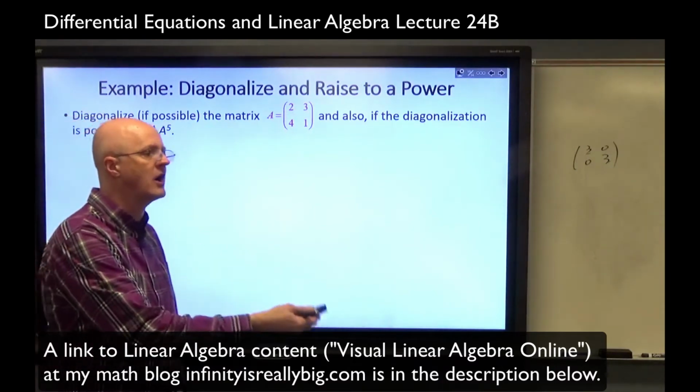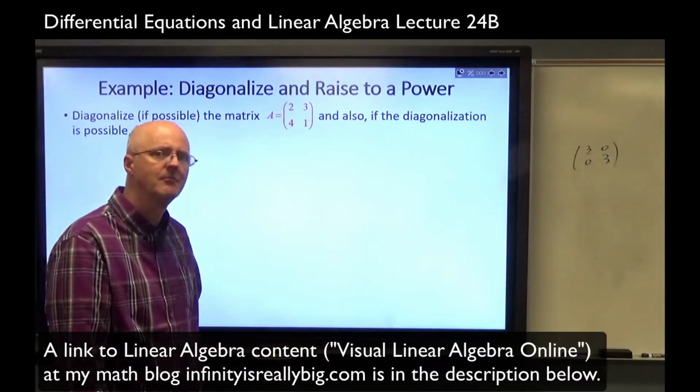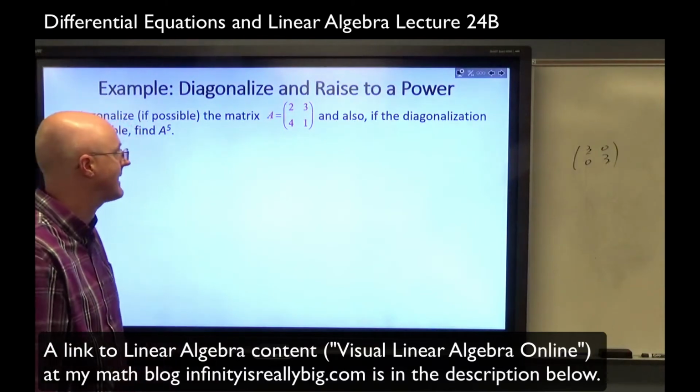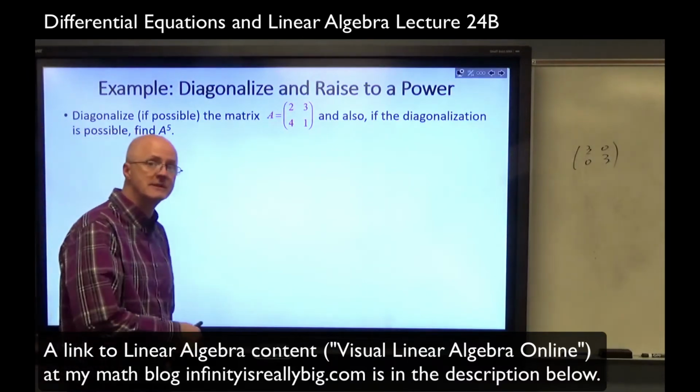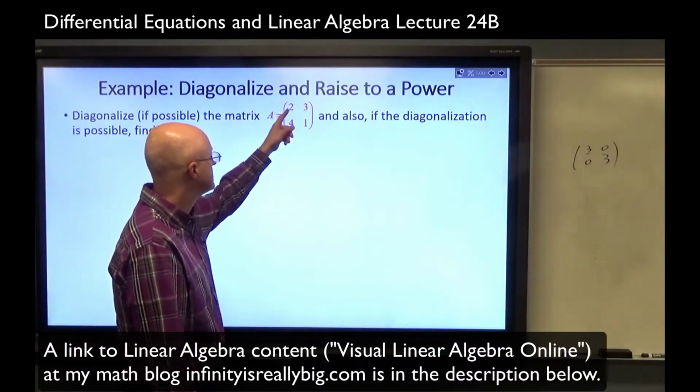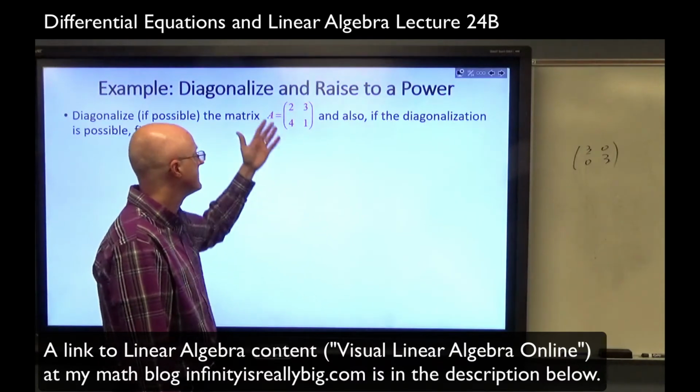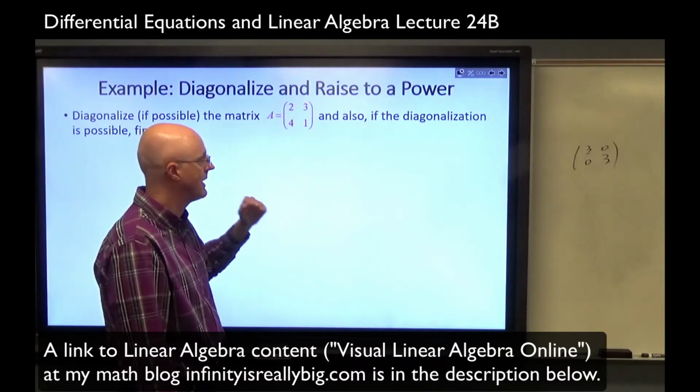That wouldn't be too hard to do step by step, but let's do it in the more fun way, really, and that's using diagonalization. So let's write down the characteristic polynomial of this using the trace and determinant. The trace is 2 plus 1, which is 3. The determinant is 2 minus 12, which is negative 10.